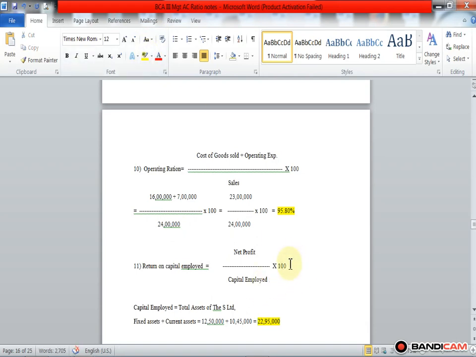So put the amounts in the formula. Net profit is equal to 1 lakh, divided by 22 lakh 95,000, multiplied by 100.